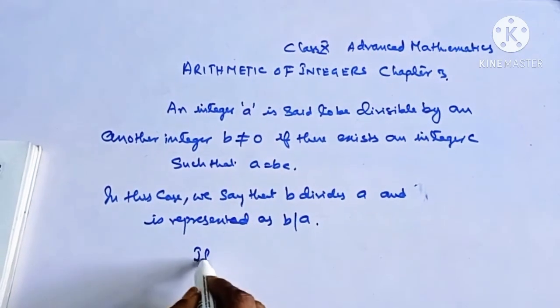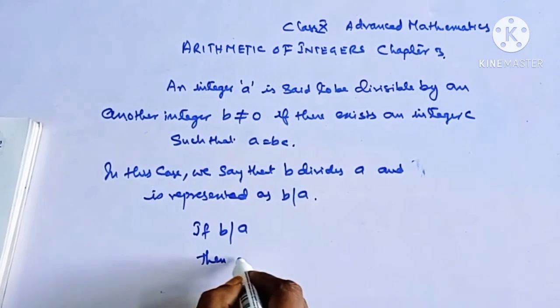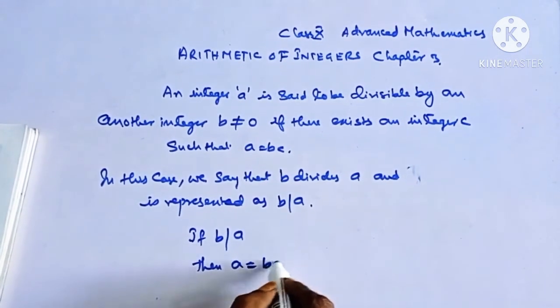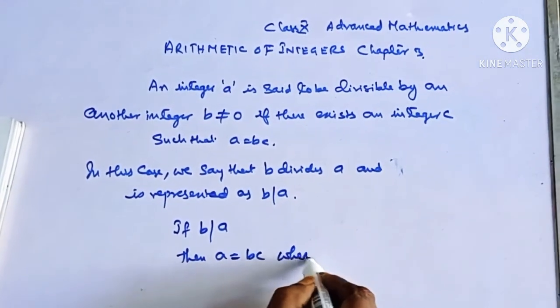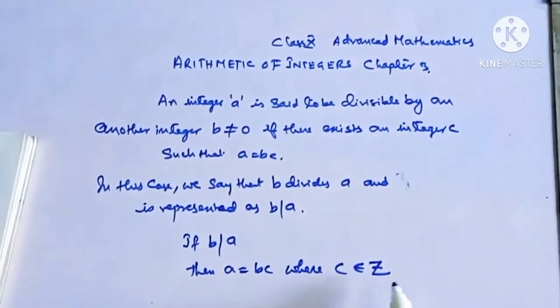That means if b divides a, then a is equal to bc, where c belongs to the integers Z.